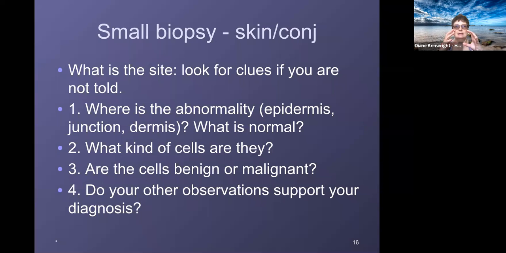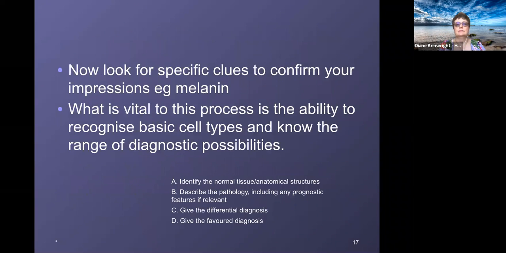We suspect this is a basal cell carcinoma. And we know, because we've learnt it, that basal cell carcinomas often have separation of the cells from the adjacent stroma with mucoid material in between. And we purposefully go and look for that. And then, of course, we talk about the prognostic features, like whether it's excised or not.